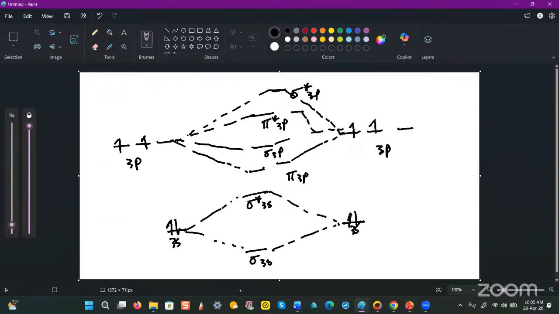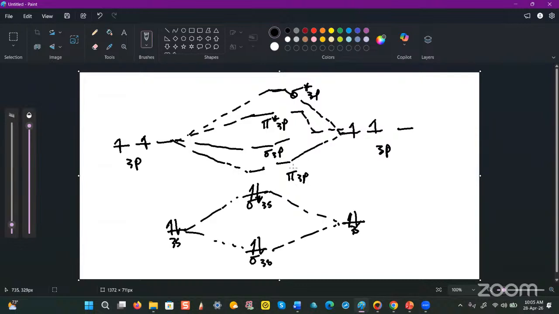So you're going to have these 2 electrons here, and then those electrons going there and there, all right? So the question now becomes, how do the electrons distribute within the molecular orbitals that are provided in the middle? Here we have 2 electrons here, 2 electrons here. So within the sigma level, you're going to have 4 electrons. The first 2 would go here, and then the next 2 would go here.